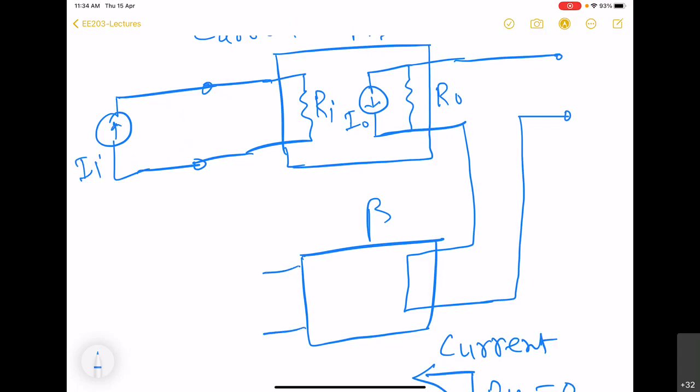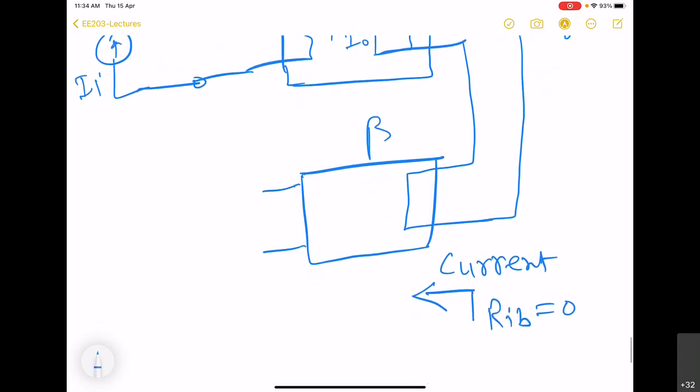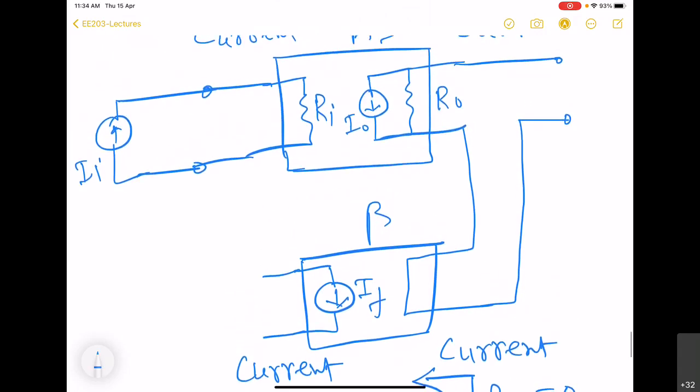On the output side of this feedback network, it should produce current. So on the output side we will have the current source, and since it is a current source and current has to be added, this has to be connected in parallel.